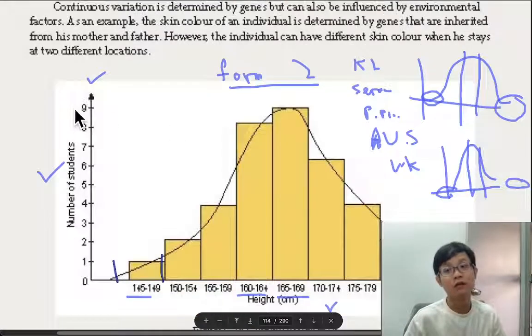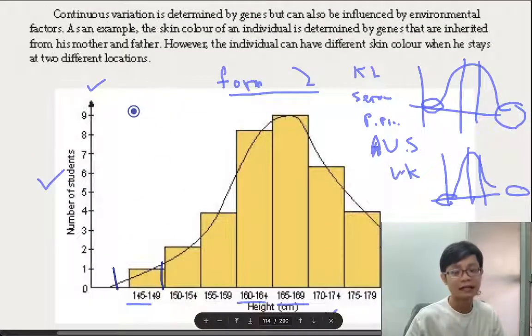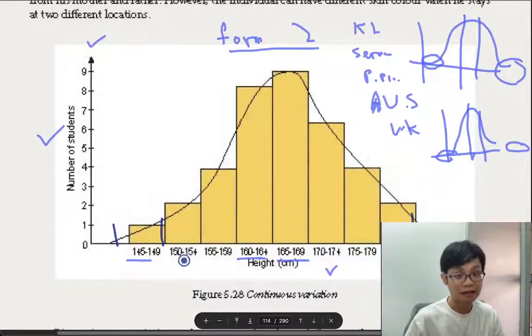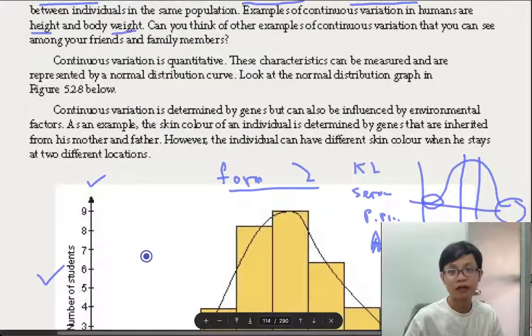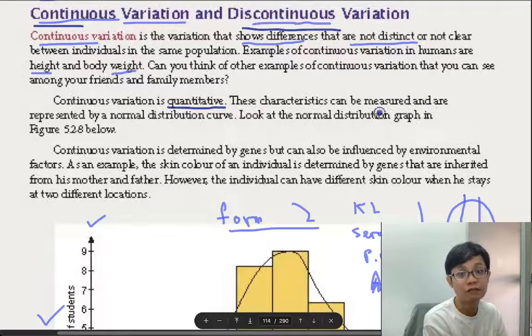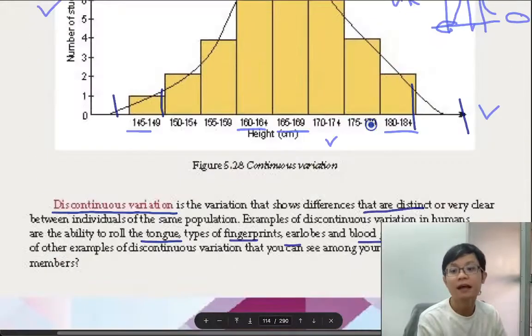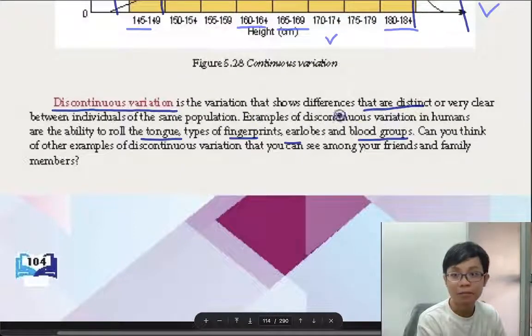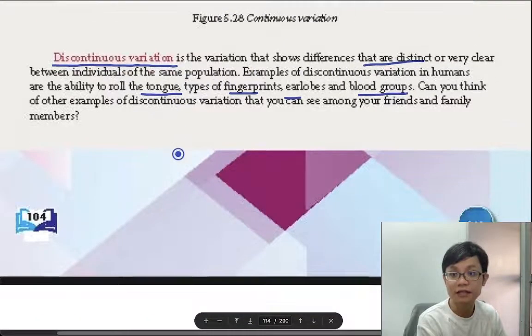When you grow up and go to university, all this is continuous data, like height and weight. Continuous variation is quantitative. I don't think the exam will ask that. It's quantitative, so we can measure the data, and some data is not the same.